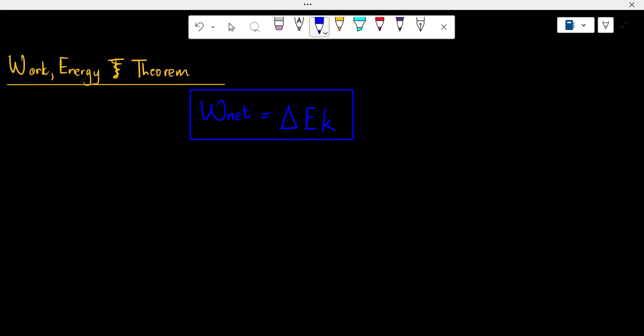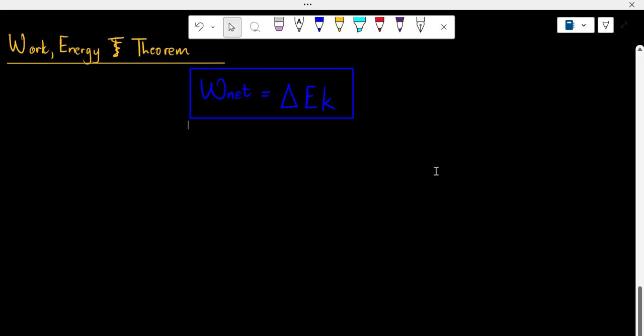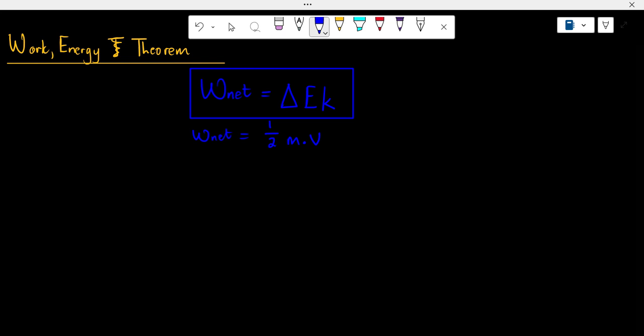If you further simplify this, you find that the work net is equivalent to 1 over 2 times the mass times the final velocity of the object squared, minus 1 over 2 times the mass times the initial velocity squared.